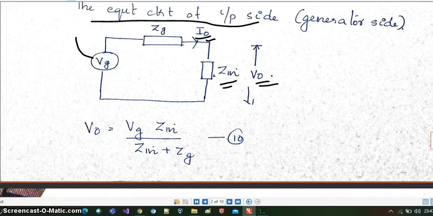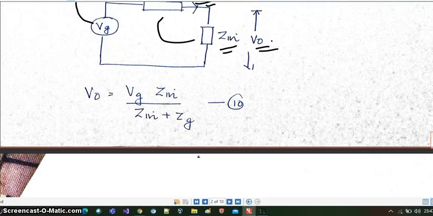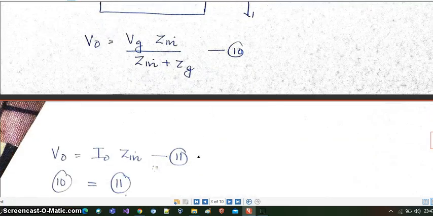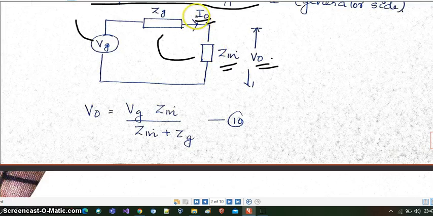It is the impedance Zin divided by the total impedance, that is Zin plus Zg. So that is my equation 10. Similarly, V0 is also equal to I0 into Zin.